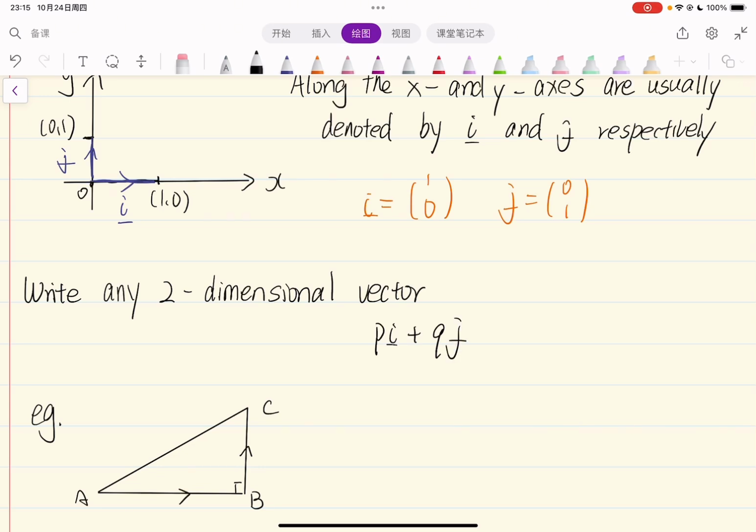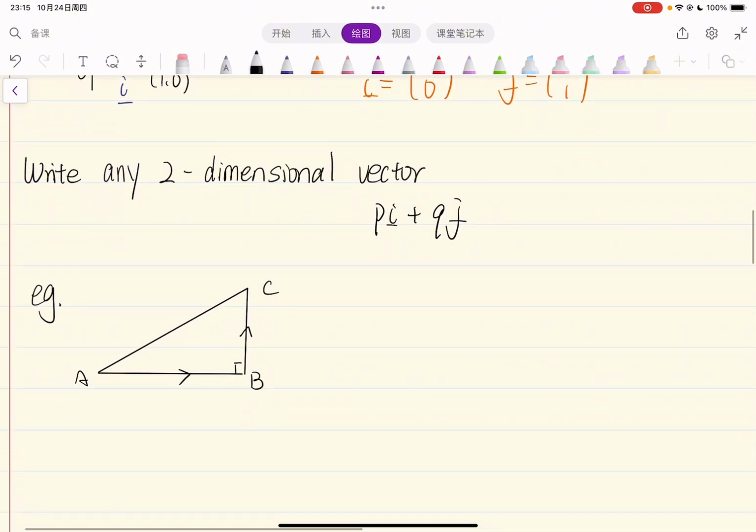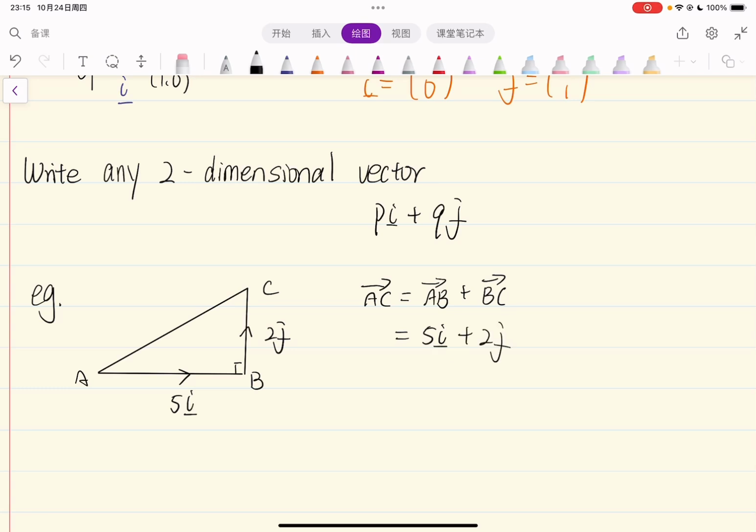Let us say we have a triangle ABC, and AB is a vector 5i, BC is a vector 2j, then the vector AC equals vector AB plus vector BC, that equals 5i plus 2j.